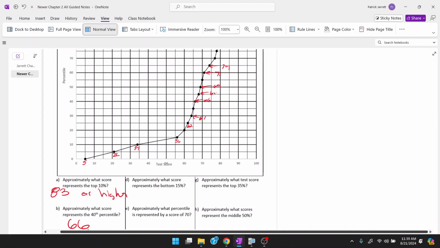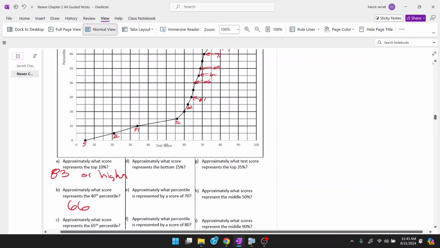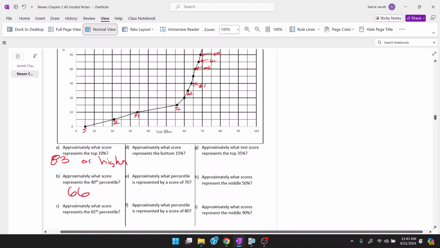Now figure out the score that represents the 65th percentile. What do you say? I would go with 74. And how about the bottom 15%? 56 or lower.